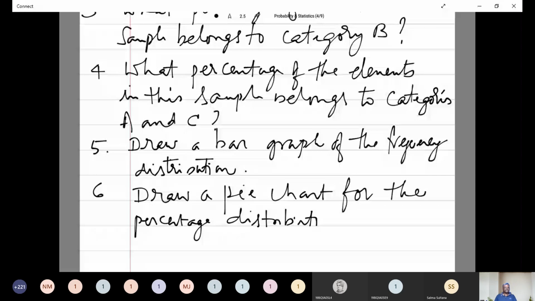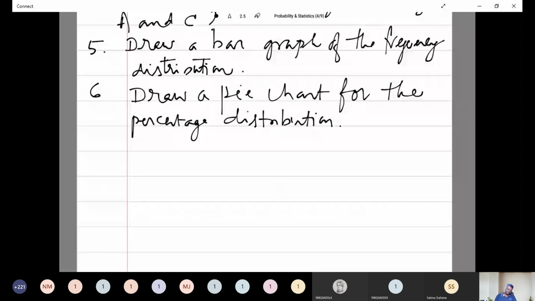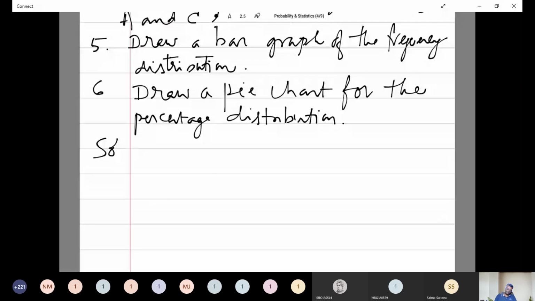This is the question which is related to the simple question here. Now coming to the solution of this question, see. Now first we have to observe the categories. What are the categories in this problem?